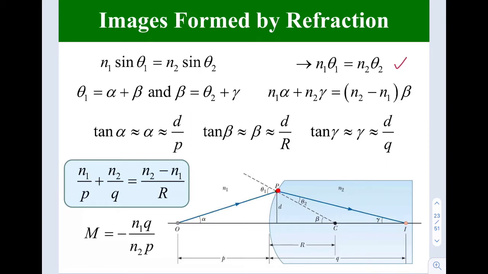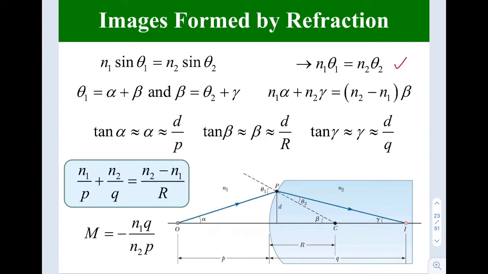At this point the refracted angle is theta 2. This is the alpha angle, here is d, and this is the center of the curvature. We have theta 1 equal to alpha plus beta, and beta equal to theta 2 plus gamma.